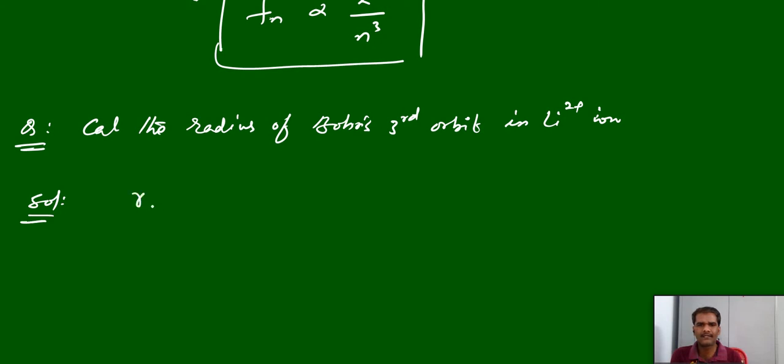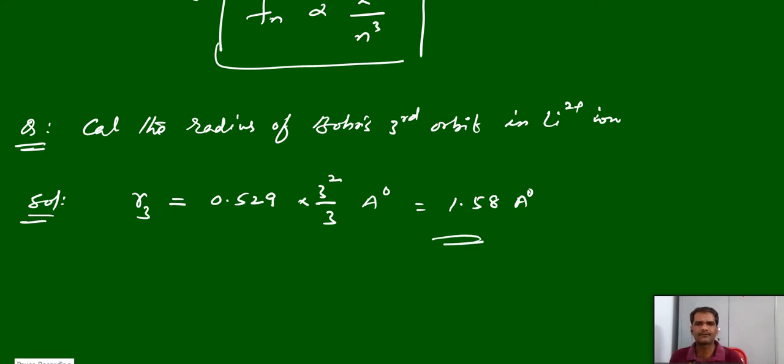So in case of radius, the R3 value we have to calculate: 0.529 into n square by z, means 3 square by lithium atomic number 3. This is in terms of angstroms, and it is about 3 times this one. So we can take approximately 0.53 also. You will get 1.58 angstroms. In the options, angstrom is angstrom, centimeter you can convert into centimeter, nanometer is nanometer.